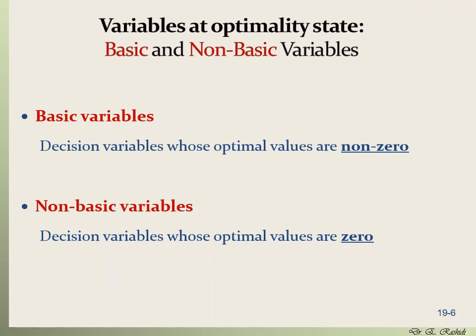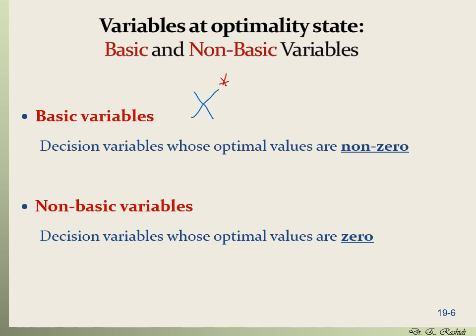We learned about the state of constraints at the optimality state. Now we want to look at the state of variables at the optimality state. Suppose that we have solved a linear programming model and we have found the optimal decision variables, and I'm going to show it by X bar.